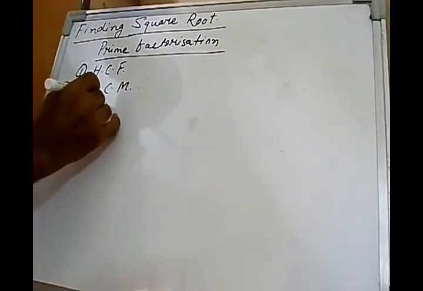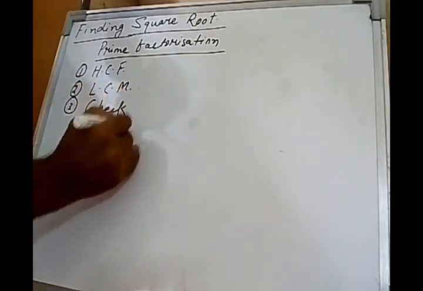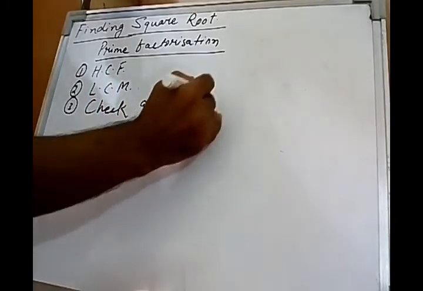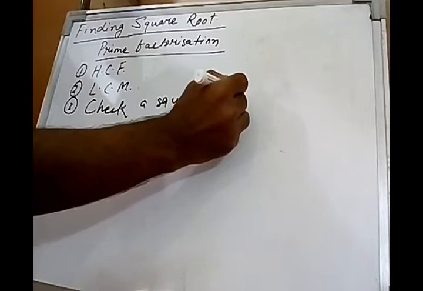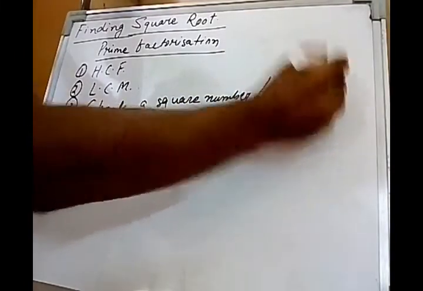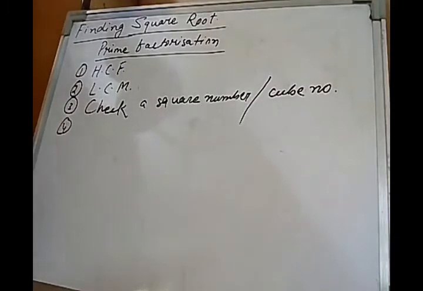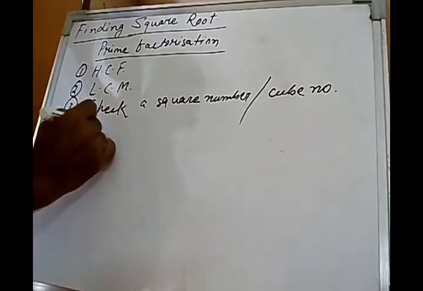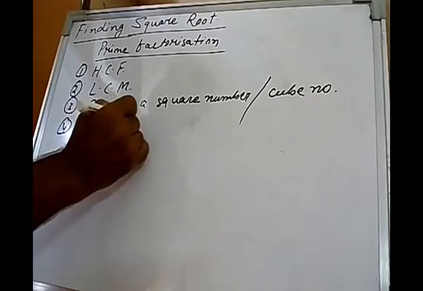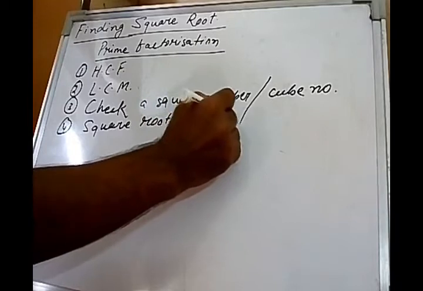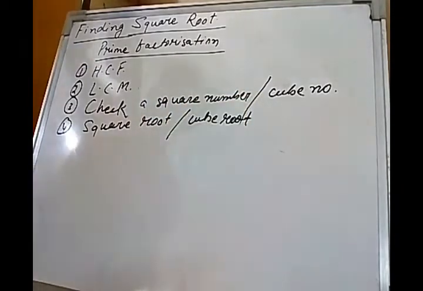or we can say to check a square number or cube number. Fourth one is to find square root or cube root, both.